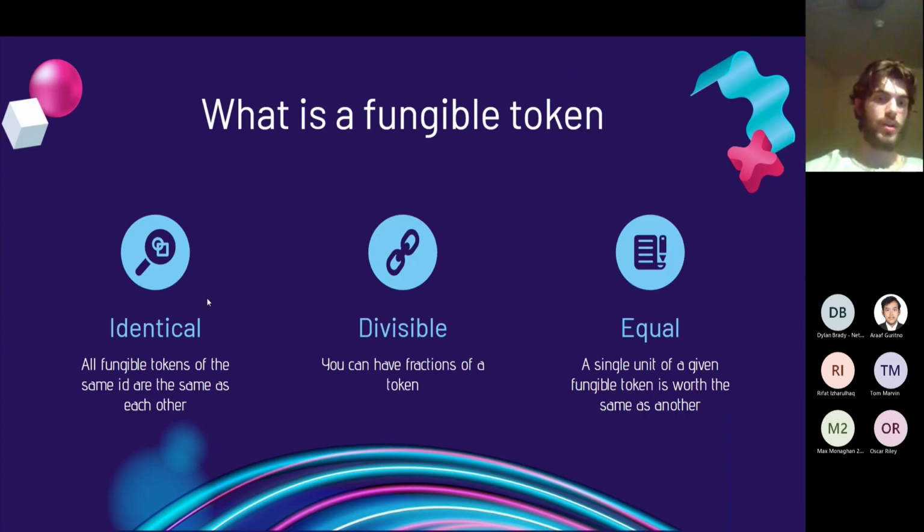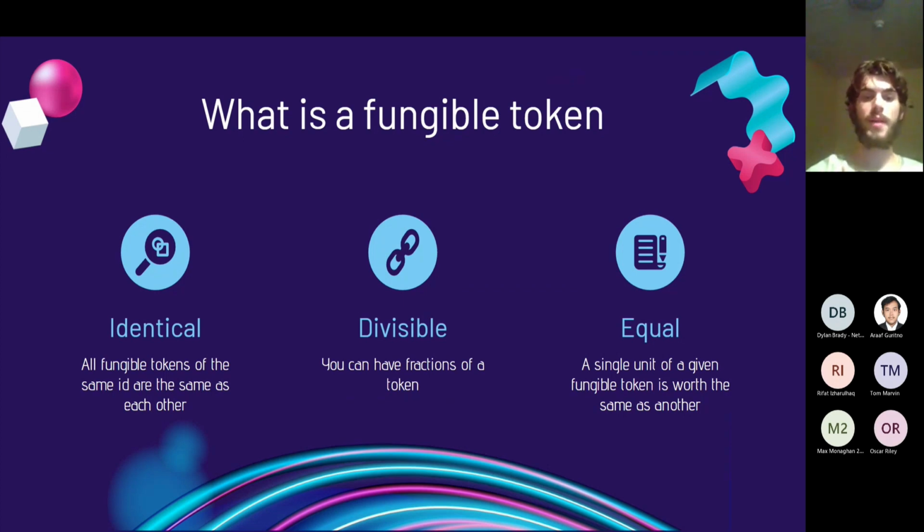Unlike non-fungible tokens, fungible tokens are actually identical to each other. So every fungible token is of the same class, of the same token ID. Every fungible token is exactly the same as each one. An example of a fungible token is something like HBAR or Bitcoin.